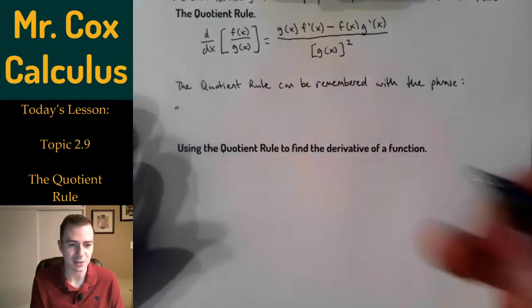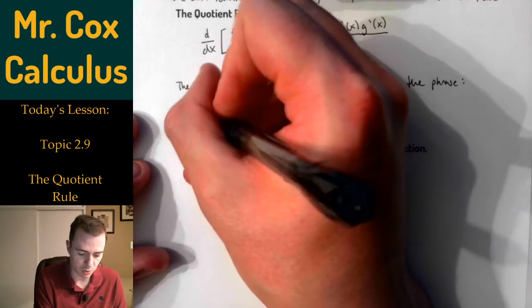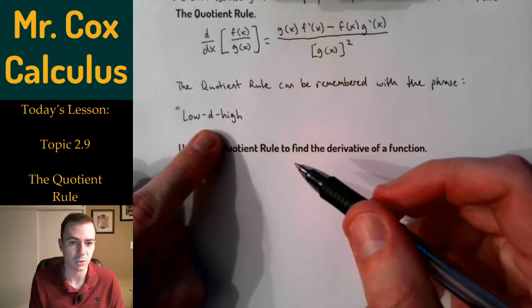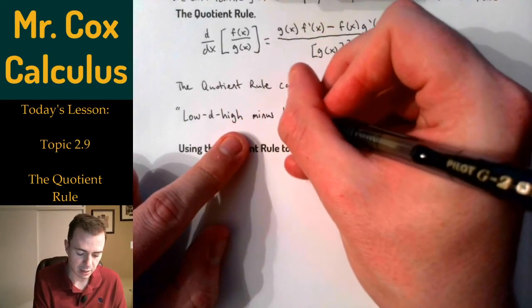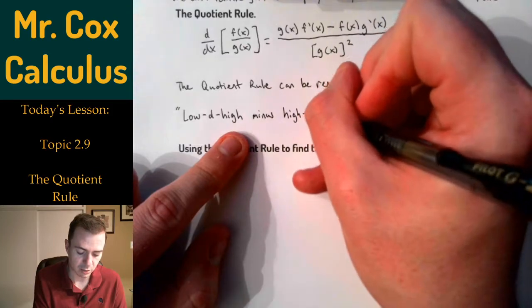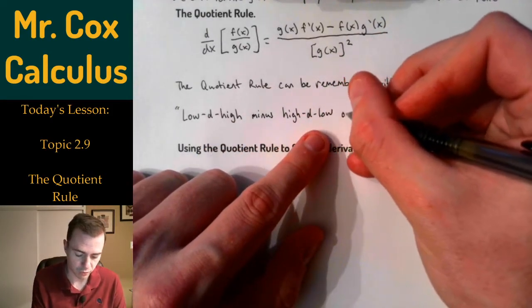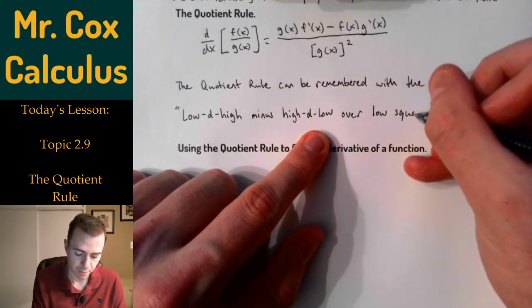But the phrase that was taught to me, and the phrase that I'll teach to my students, is low d high as one expression. So low d high minus high d low, all one expression there, over low squared.